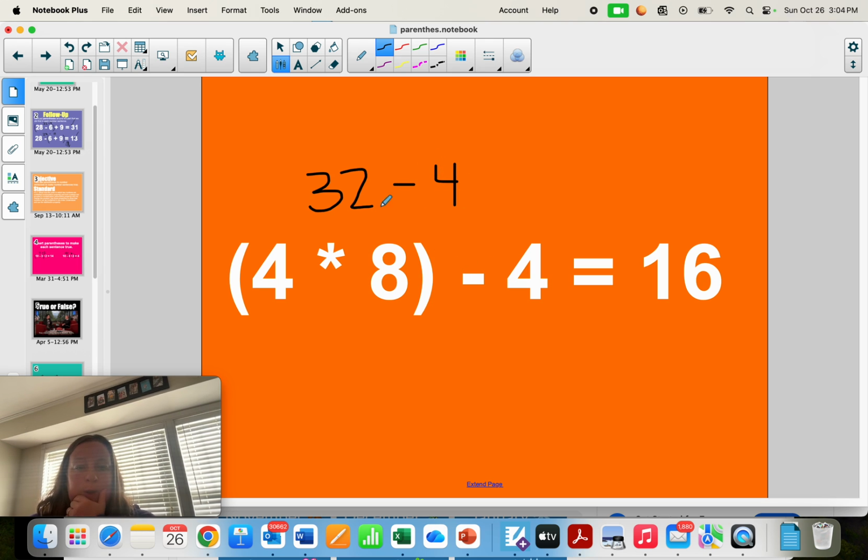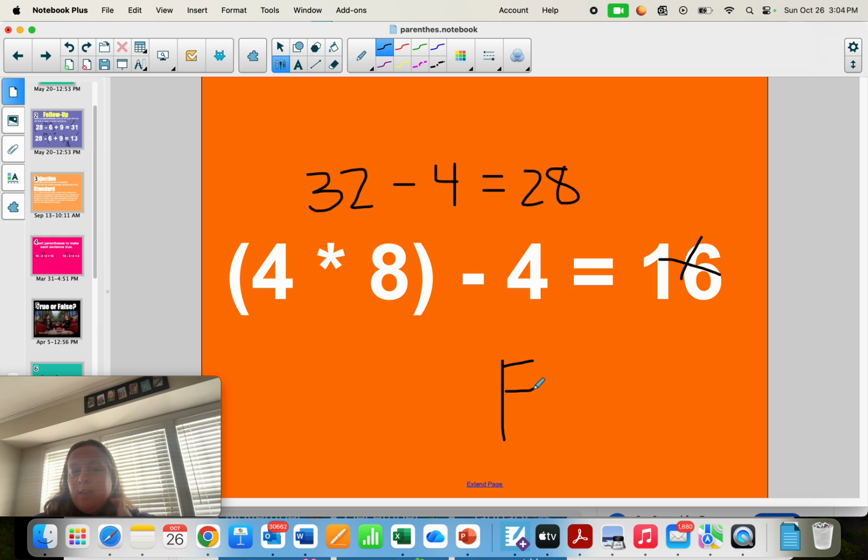Well, that doesn't quite look right, because if I have 32 and I'm only subtracting 4, there's no way that would be 16, but let's go ahead and figure that out. 32, 31, 30, 29, 28. Okay, the answer would be 28. So that is not right. We're going to put a big old F for that one because that is false.